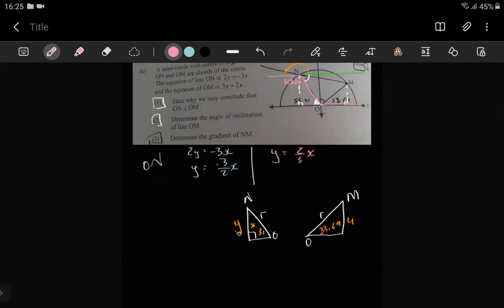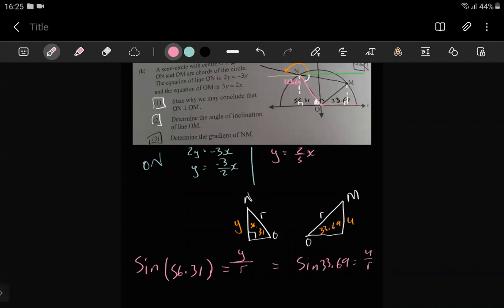So here we have opposite over hypotenuse. Sine of 56.31 is y over r, and then here sine of 33.69 is u over r.